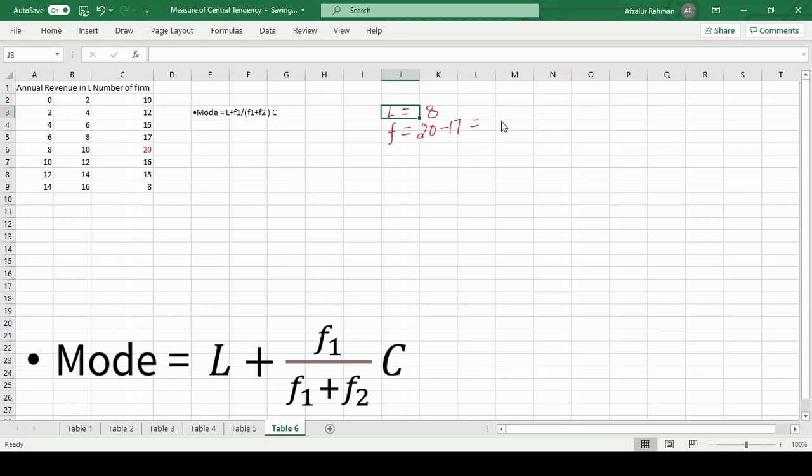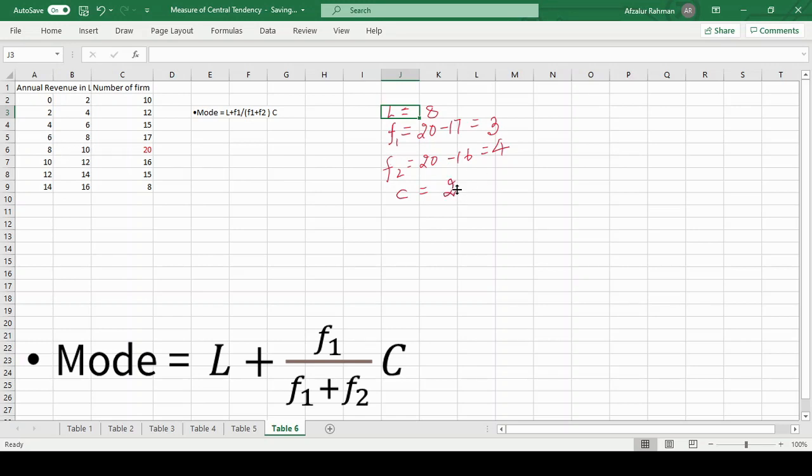So that is 3. And F2 is equal to 20 minus 16, that is 4. And C is equal to the difference of this class. This is equal at every place, so C is 2.